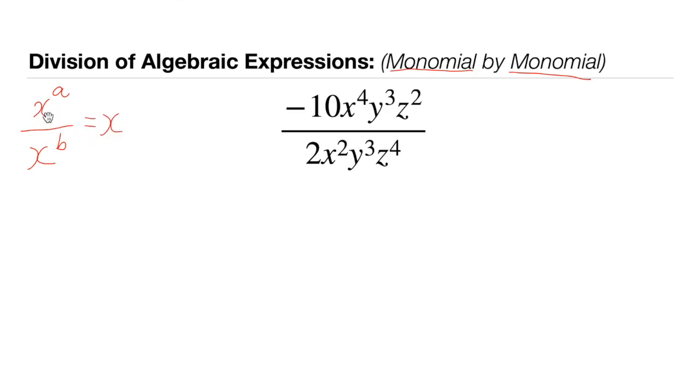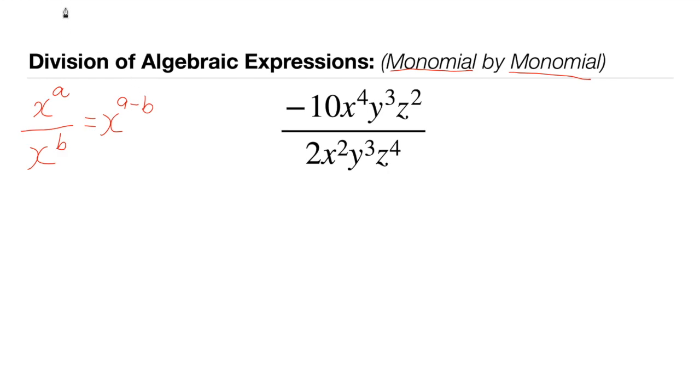This x is any variable, provided they are the same, and then they have different exponents. We're going to deduct the exponent of the denominator from the exponent of the numerator, so it's going to be a minus b.